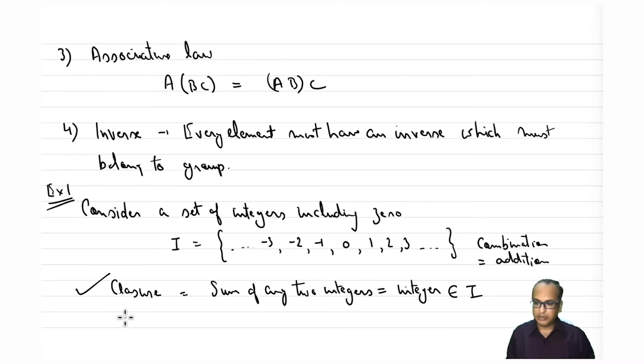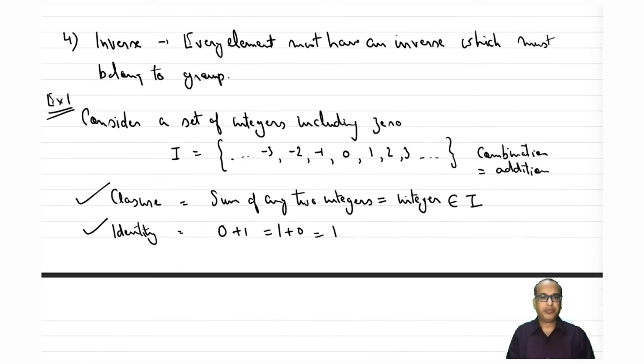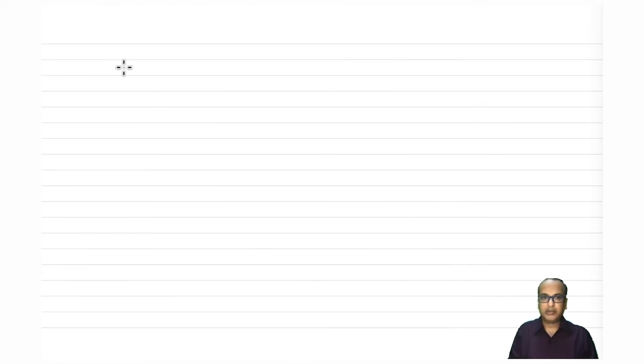Second property is identity. So does it have an element which combines with other elements to leave them unchanged and also commutes with those? So that element is 0. So for example, 0 plus 1 is equal to 1 plus 0 is equal to 1. So it leaves them unchanged, and then it's also commuting with all those elements, right? So identity also applies. Now next try associativity.